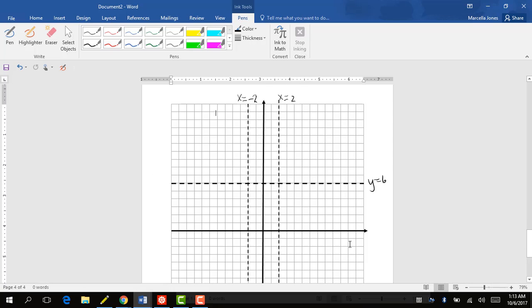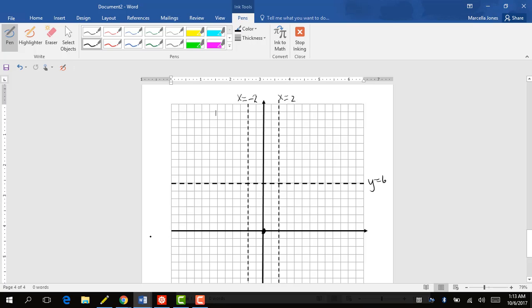All right. And I have the x, y intercept. This was both my x-intercept and my y-intercept of 0, 0.